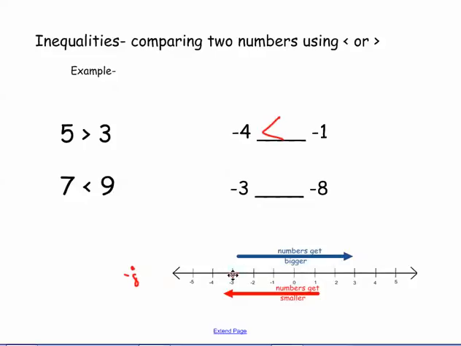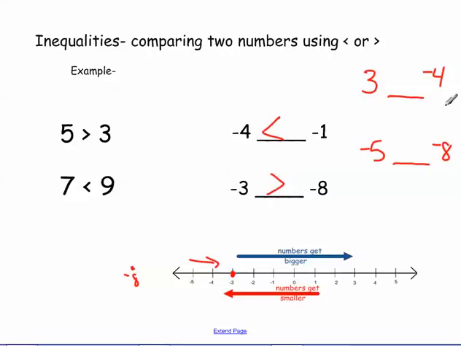Is -3 greater than or less than -8? Remember, it is on this side of it, so it is greater. See how important that number line is when you're dealing with two negative numbers? It's really important.